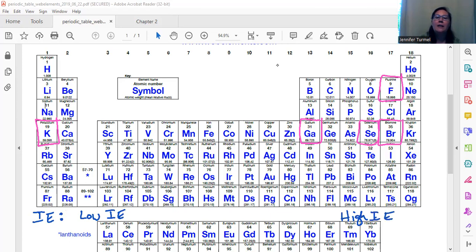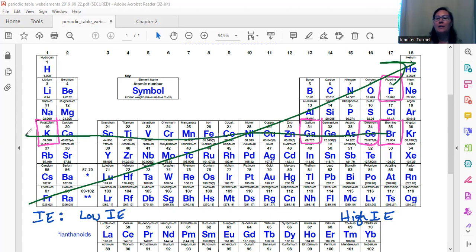The easiest way to do that is to just start here, because remember it goes like this, at potassium, and we're just going to draw a line like this and then straight up, and that's going to define it. I don't even need to look them up, so I know that it's going to be potassium and then gallium and then selenium and then bromine and last fluorine with our highest ionization energy, and you can just see that based on this trend completely.